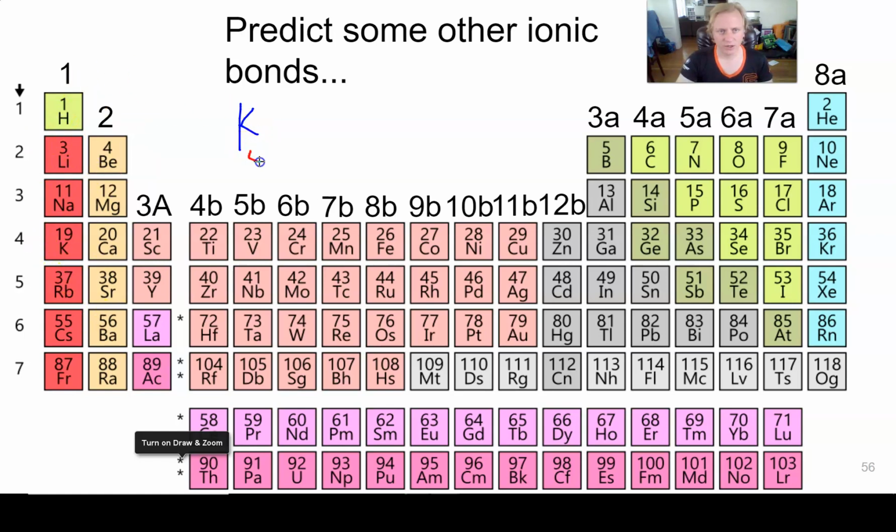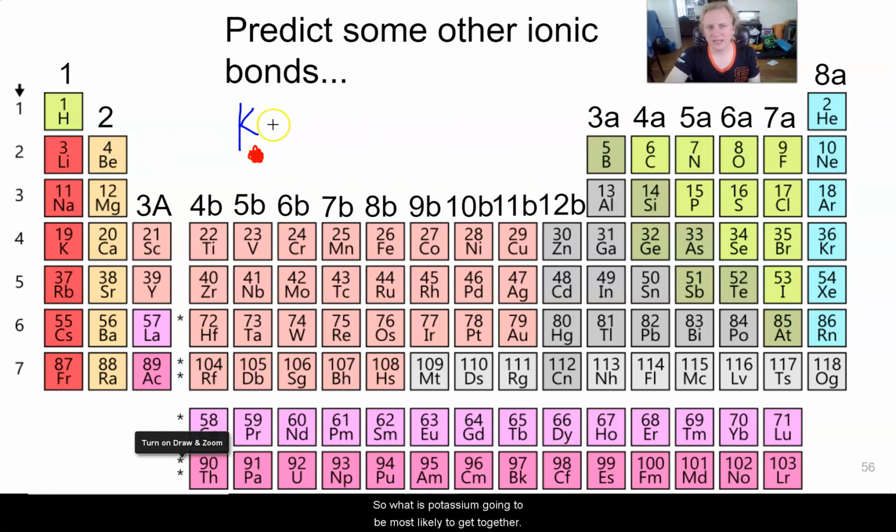So it has one valence electron. It wants to either gain 7, but it's probably just going to get rid of this one, because that's a lot easier than picking up 7 more.